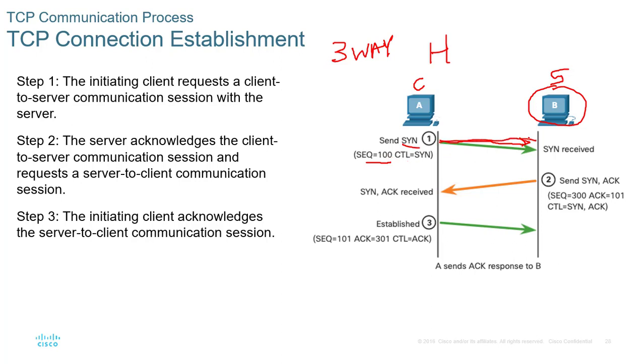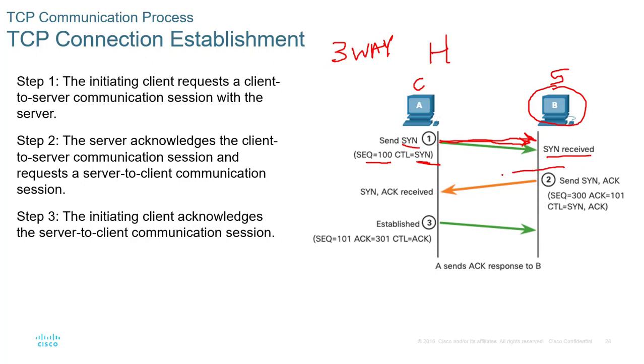Here I'm starting that sequence number at 100, and the synchronization bit is set to 1 in the control field of the TCP segment header. And the server receives that synchronization.